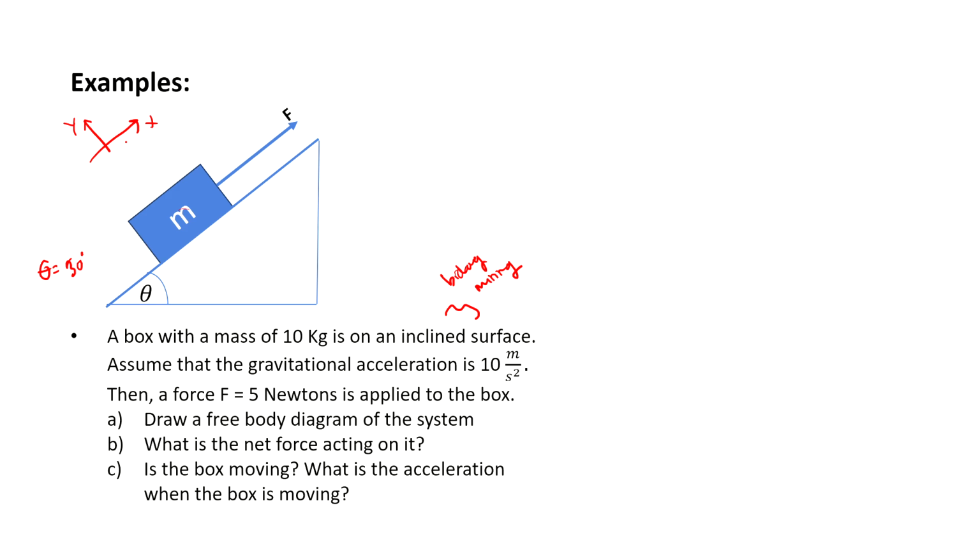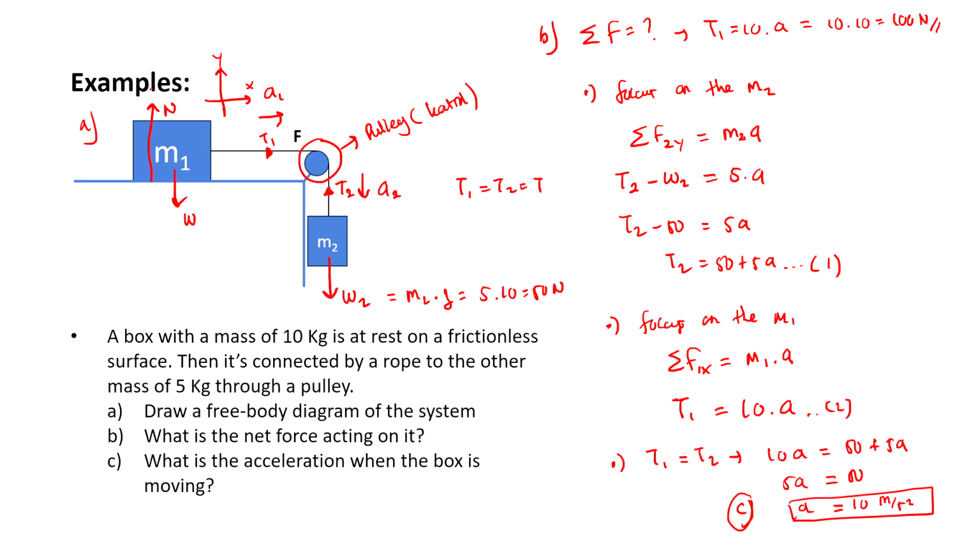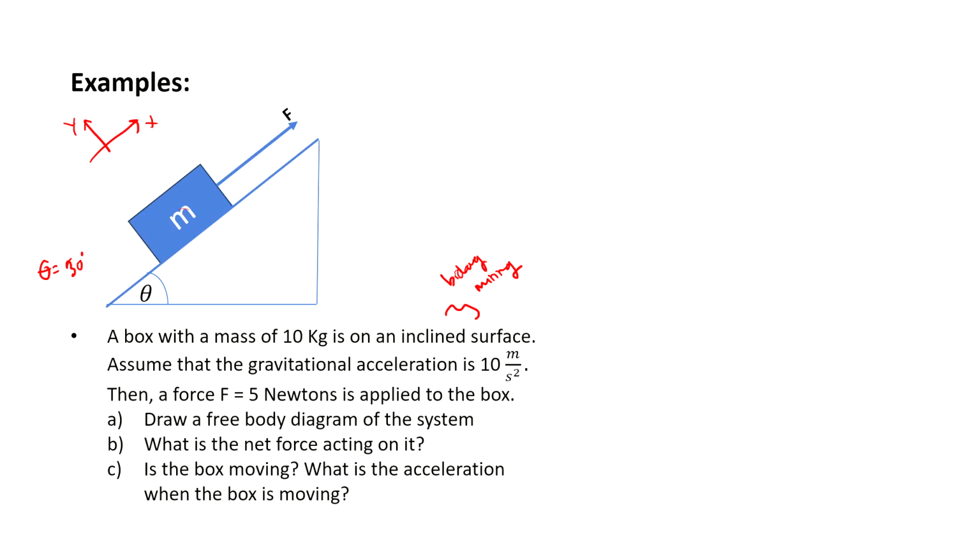It will be different, right, from the horizontal one. For the inclined surface, the x axis adapts to the angle of the surface, so it adapts to this surface.